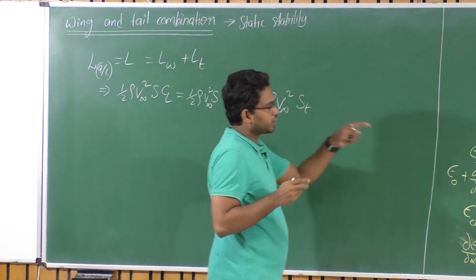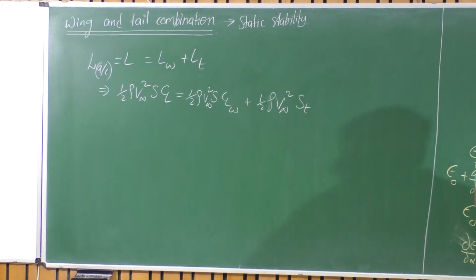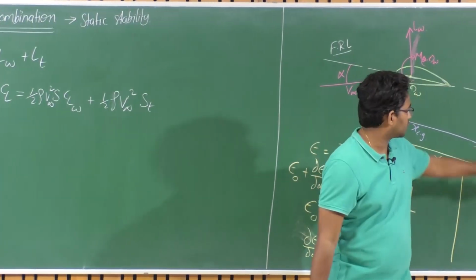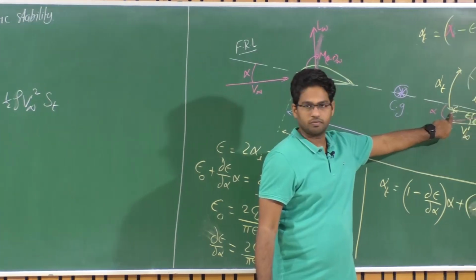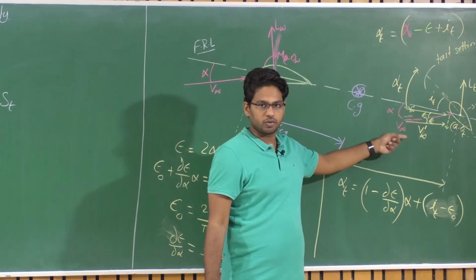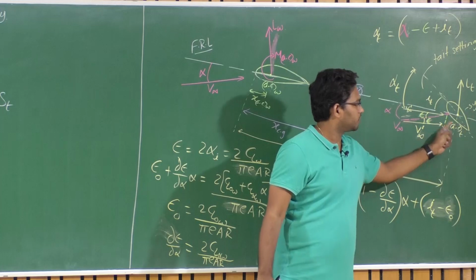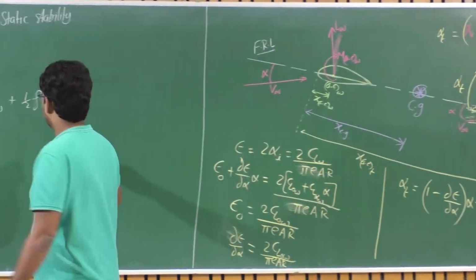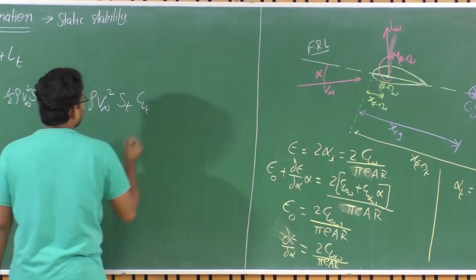So the lift generated by the tail is due to the area of the tail, isn't it? Planform area of the tail and the velocity at the tail. The velocity at the tail, we figured out as V infinity prime, which is modified due to the downwash. And then the reference area of this tail is nothing but planform area of the tail, which is S of t, right? Times the CL of tail here.